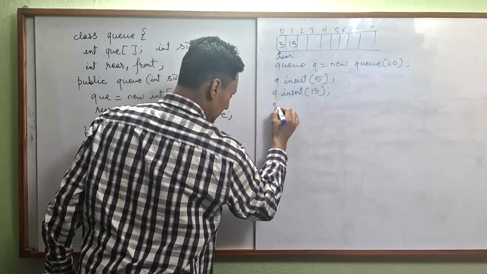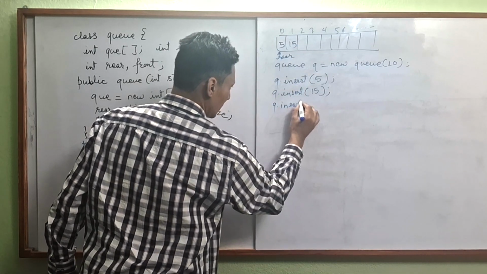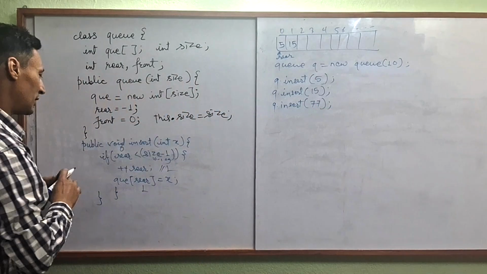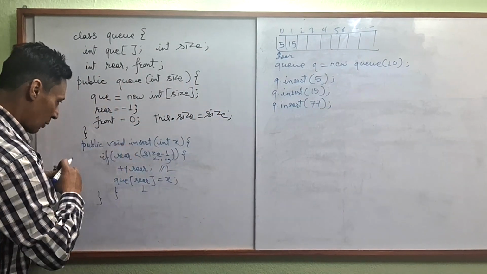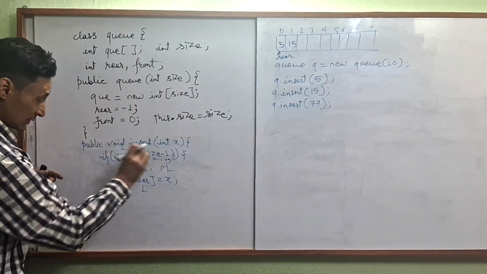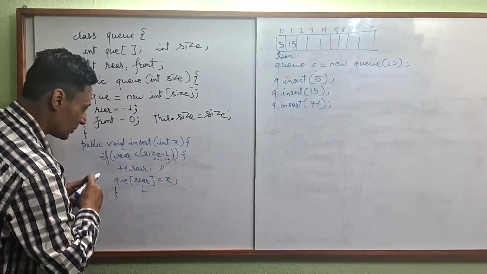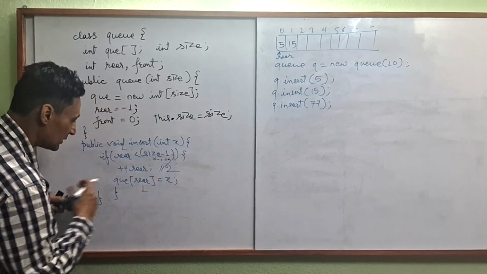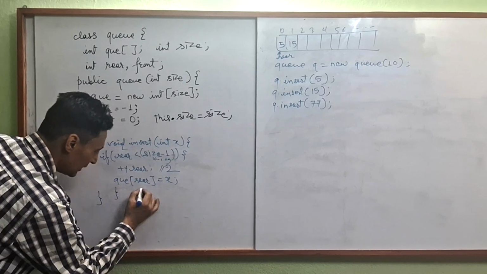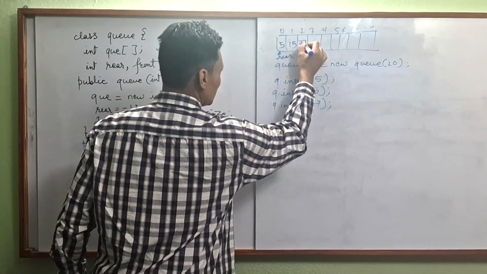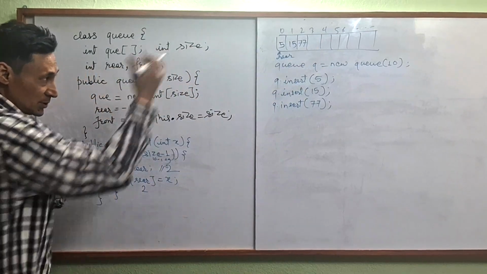Now let's call this again, insert 77. Now rear is 1, 1 is less than 9, true, so rear will be incremented by 1, so this will become 2. Then in this third position, x will be assigned, so the value 77 will be stored here. We know that the array starts from the 0th position.